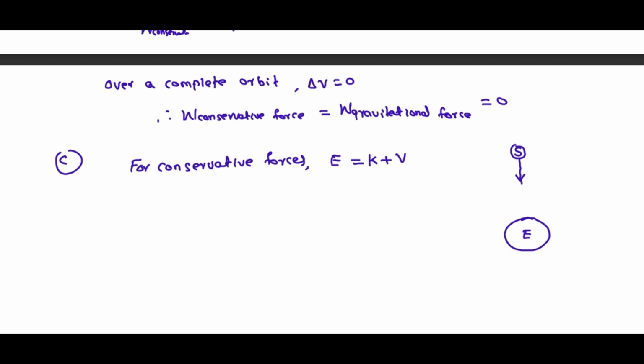As satellite is coming closer, V value decreases. That means K value increases. That represents velocity increases. But here some dissipative force is there. That is nothing but resistive force, friction is there.